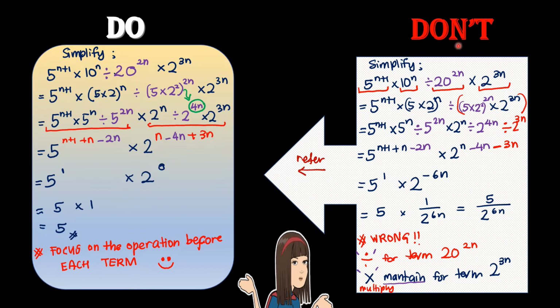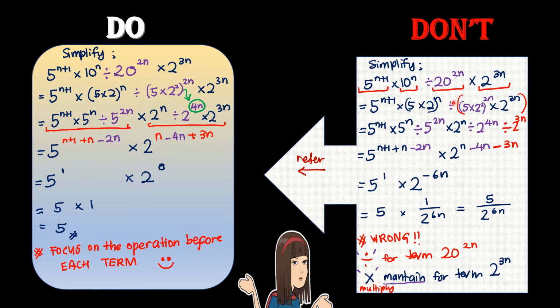Okay, so what you shouldn't do here is, your problem is after the operation division. You can see here, after the operation division, you think the division belongs to 2 power of 3n, but it is not. For this question, division is only applied to 5 multiplied by 2 power of 2.